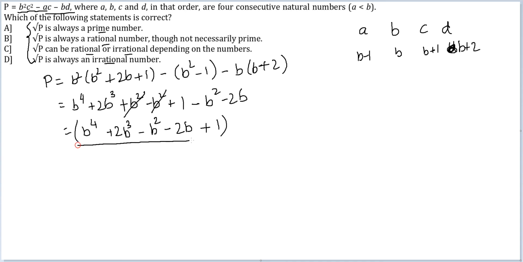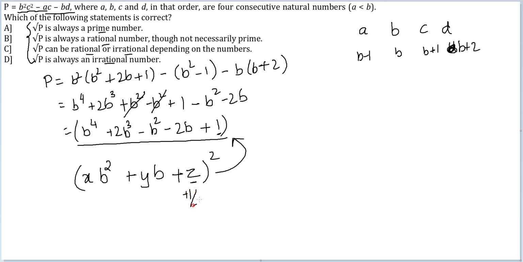If this has to be the square of some expression, that expression will be of the form x raised to the power b square plus yb plus z. This square should lead me here. Now when you look at this expression, because square of z will only give you the constant portion, can I say the value of z will necessarily be plus 1 or minus 1?